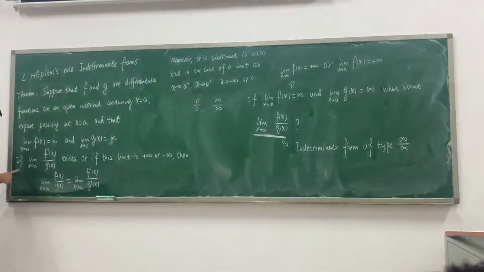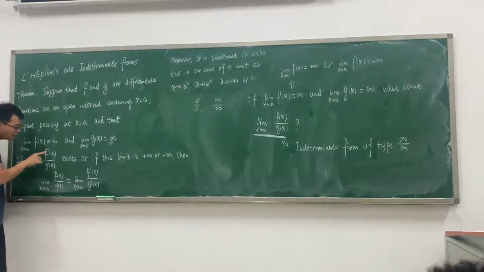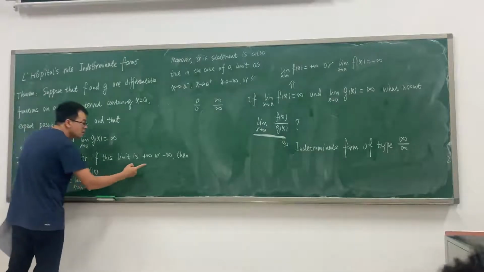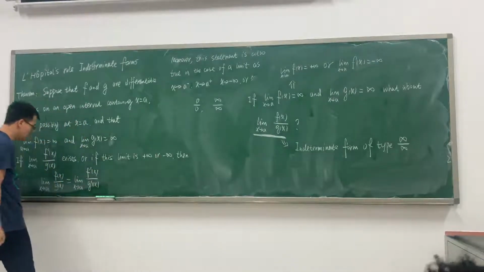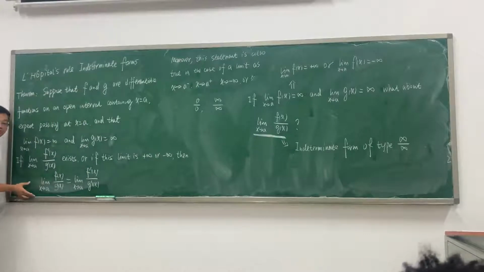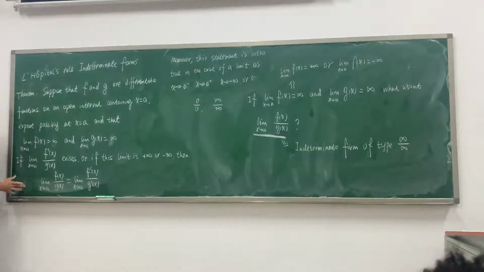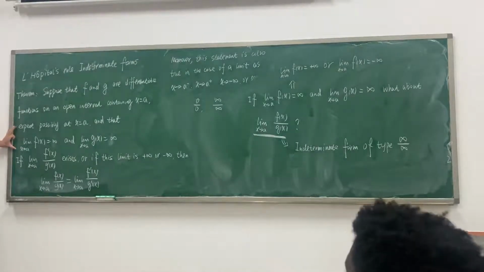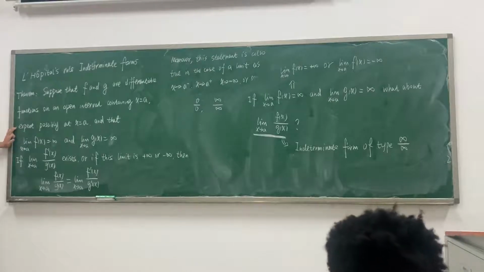So here, if the limit of f prime divided by g prime exists, or this limit is plus infinity or minus infinity, then we also have this conclusion. So actually here, you understand? We also have the L'Hopital's rule for this indeterminate form.